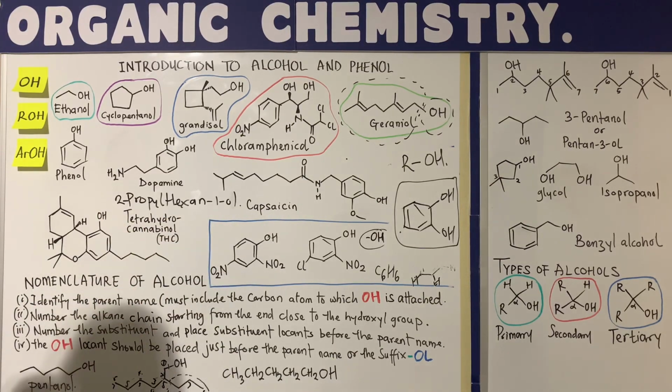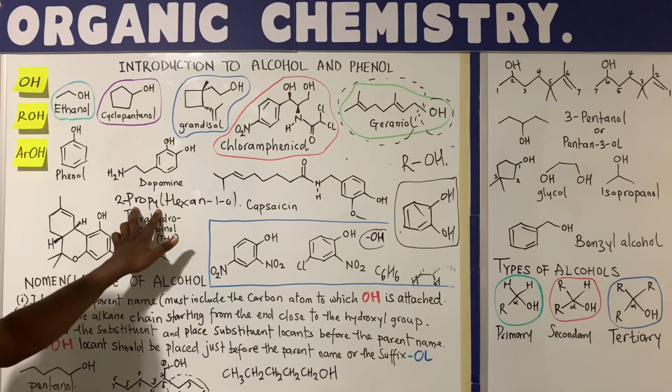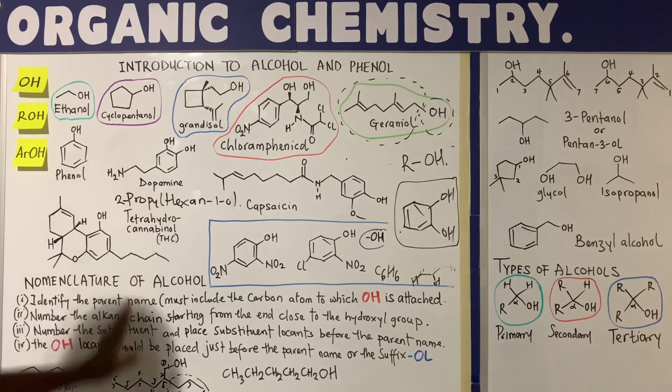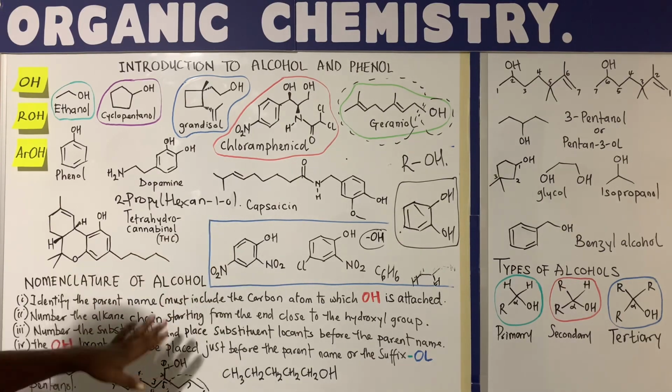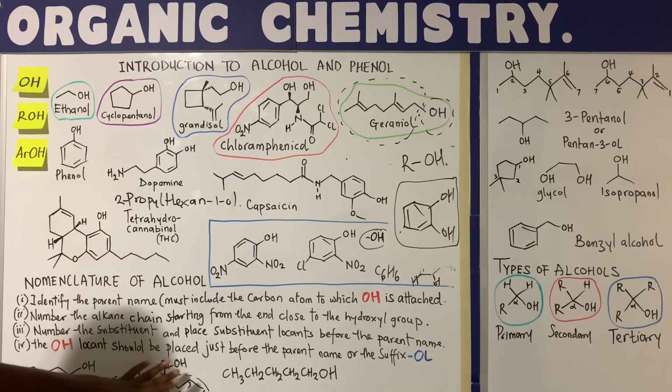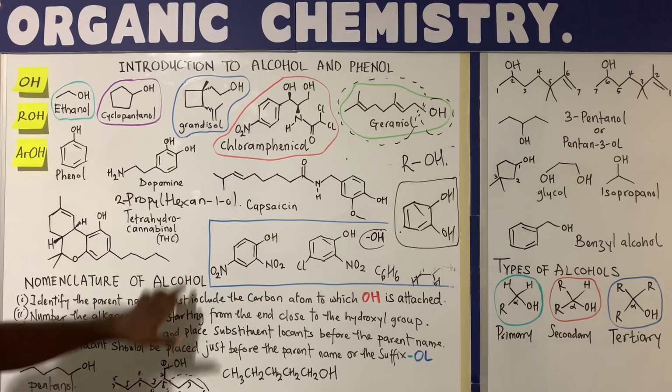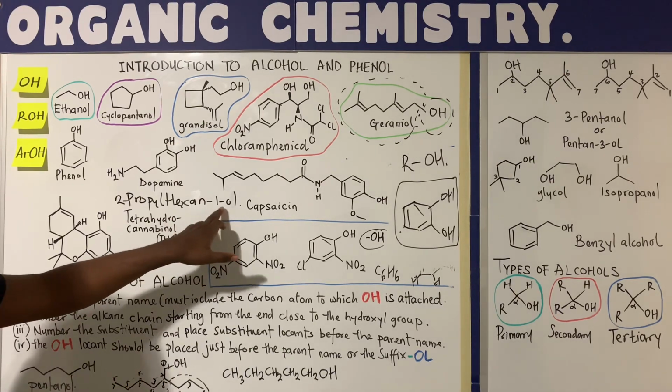And what that means is that we have a propyl substituent on the second carbon in this molecule. And the OH group, according to the nomenclature rule of alcohol, is located on the first carbon. So it's going to be hexane 1-ol.